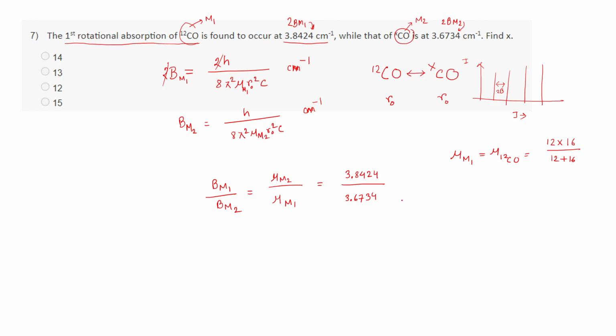So eventually your mu m2 is 3.8424 by 3.6734 into mu m1, right? That is 12 into 16 by 28. I will not do this, but can you guess the answer? What is going to come, or did you solve it? Answer is 13.